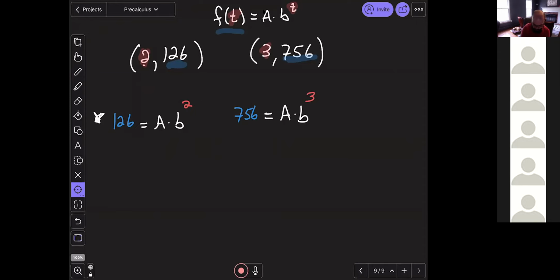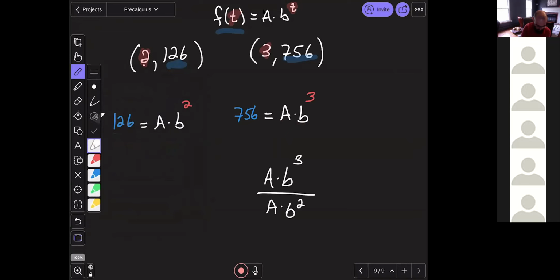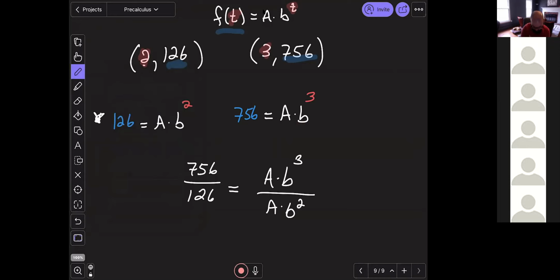We're going to take a b cubed and divide by a b squared. So we're going to have a times b cubed, and we're going to divide by a times b squared, right? You can think about this as taking this term and dividing by this term right here. And what I know is that this has to be the same as 756 divided by 126.